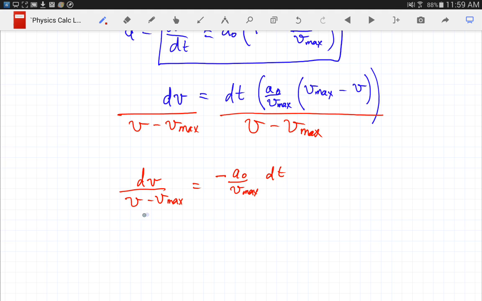Now the reason I did it is that when I integrate the left side, I'm going to integrate from v initial equals 0 to whatever v final is, and from time initial equals 0 to whatever the final time is. Over here, I'm going to use a u substitution. Before I do that, why did I say v0 equals 0?